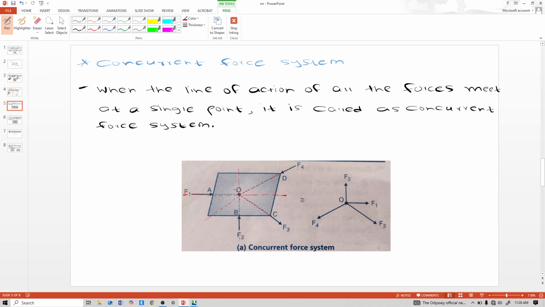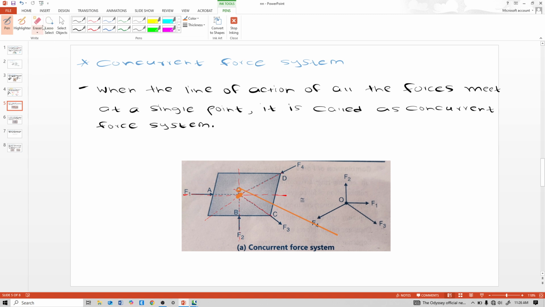All lines of action meet at a single point, and at which point are they meeting? At point O here. So that is nothing but the concurrent force system. See here, when the line of action of all forces meet at a single point, and this point here is O, it is called a concurrent force system.